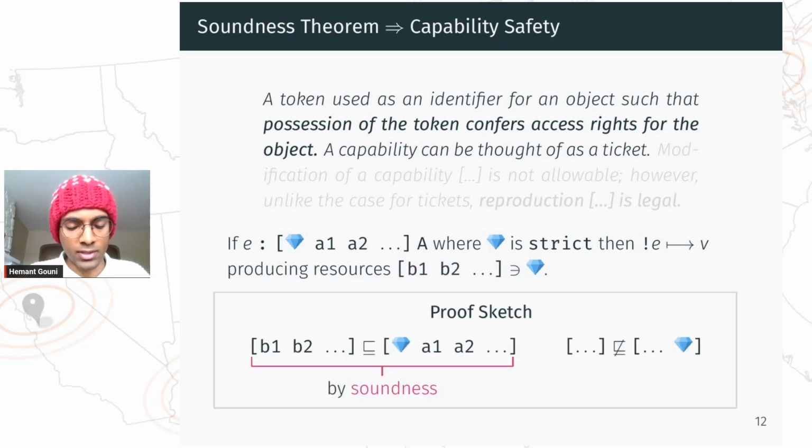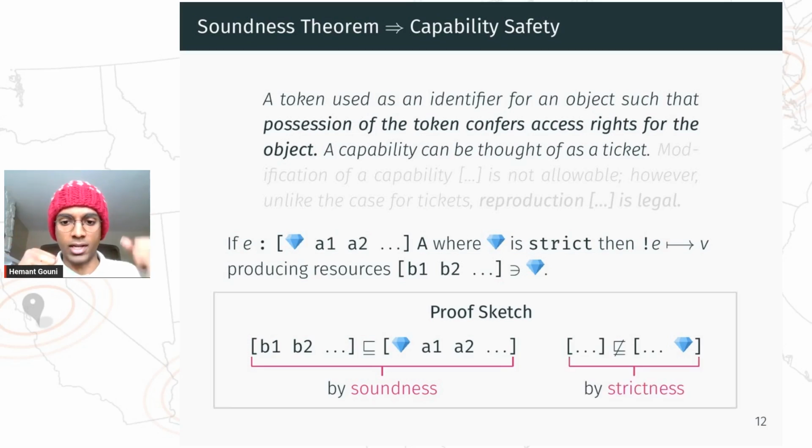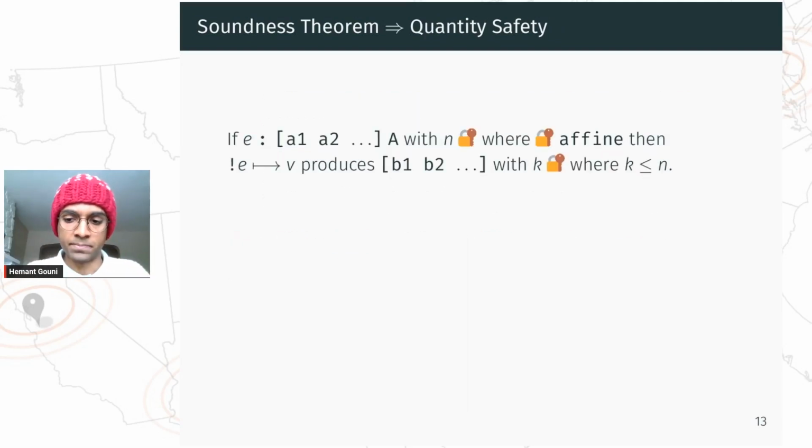By soundness, we know that the dynamically produced resources are conservatively over-approximated by the statically specified resources, which themselves include a diamond. And we know by strictness that we can't rewrite a resource context on the left-hand side that doesn't include a diamond to a resource context on the right-hand side that does include a diamond. So the only way for us to have the rewriting or inequality relation on the left-hand side by soundness is if the B1, B2 resource context already contains a diamond, because there's no other way for us to obtain one.